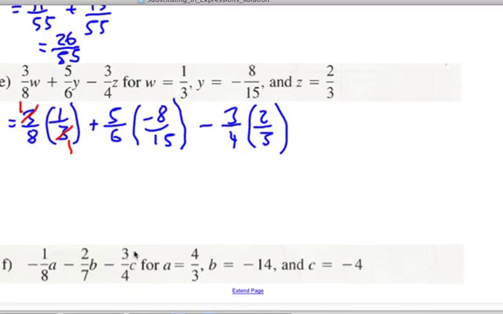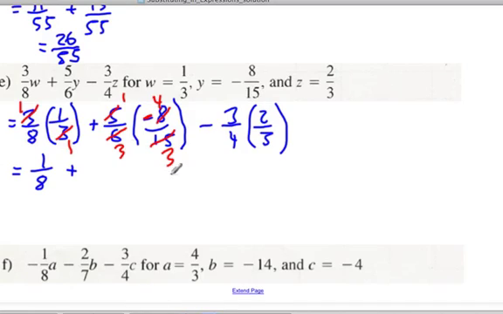So this is equal to 1 over 8 plus, and 5 goes into itself once and into 15 3 times. 2 goes into 6 3 times and into 8 4 times. So this is, then the negative is still here.